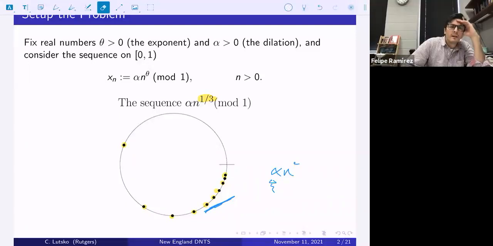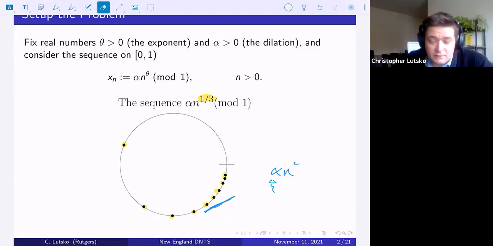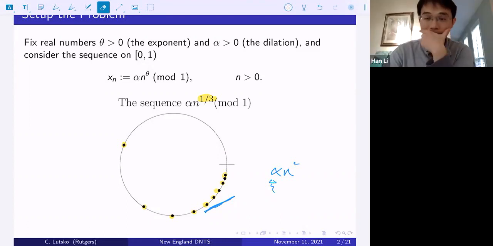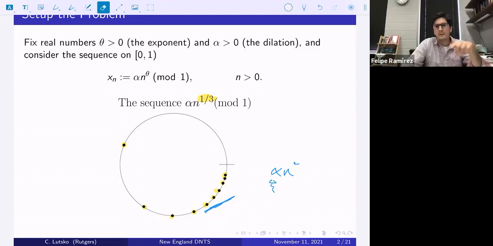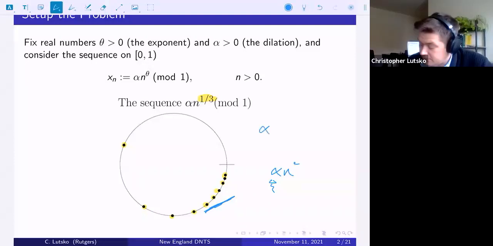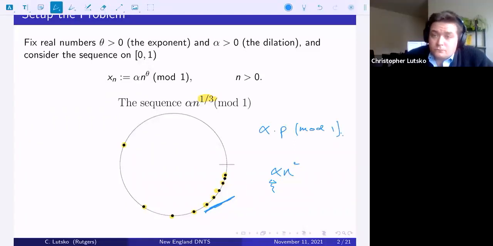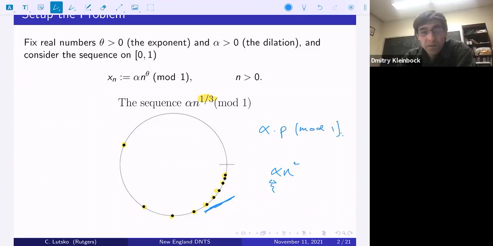There is a result by Aled Walker in the metric setting for primes. He shows that they're not metric Poissonian. In other words, you don't get Poissonian pair correlations for almost every alpha if you take the integer sequence to be the primes. So alpha times p, mod 1. Yeah, interesting. I didn't know about it.